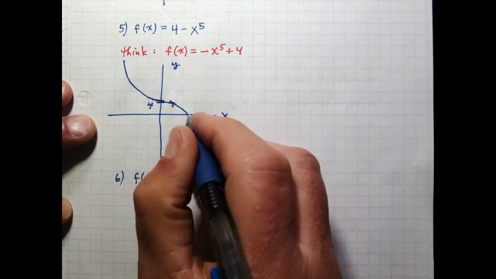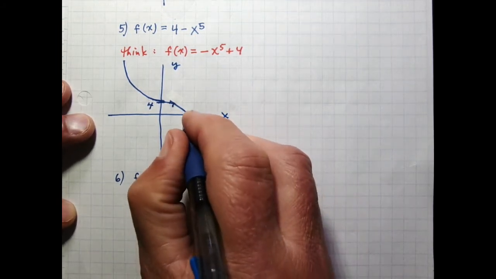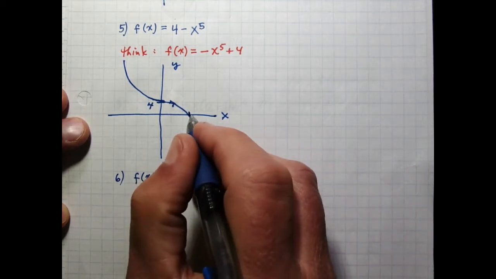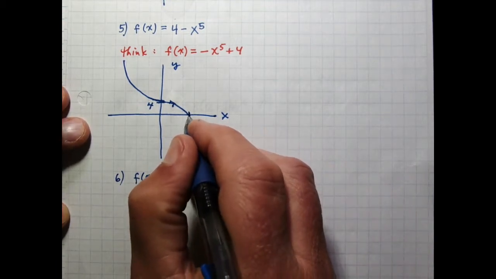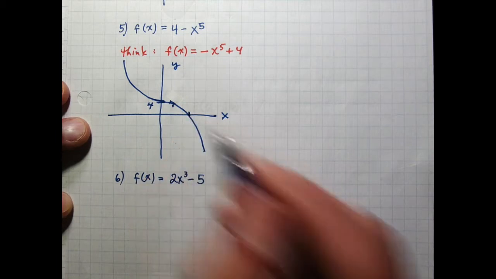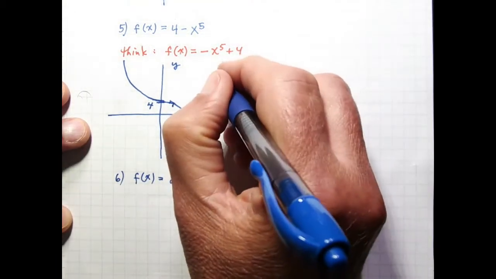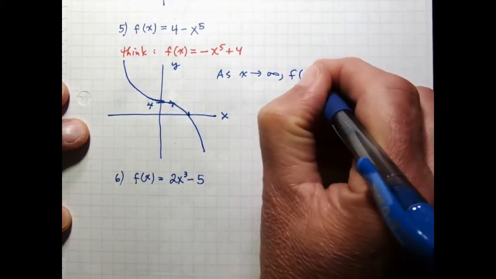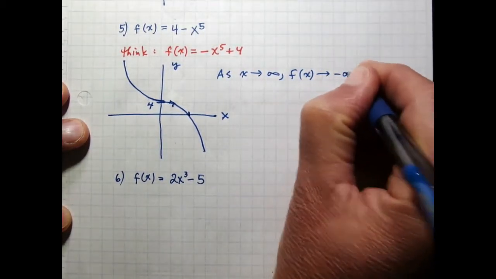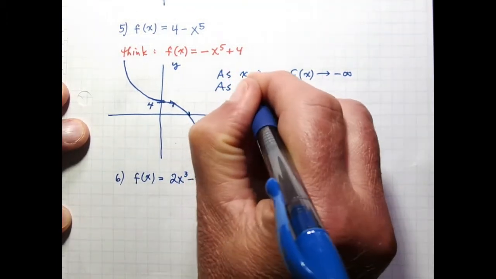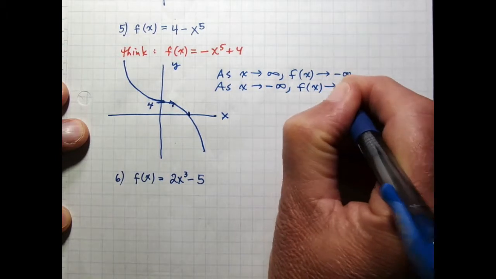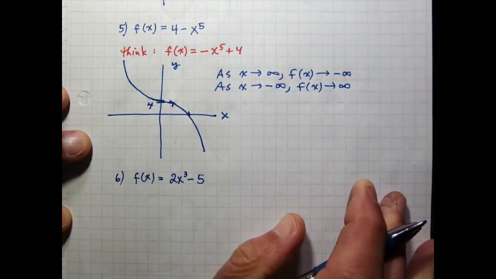You might think about how you could get the x-intercept. First, let's write down the end behavior. As x approaches infinity, f of x approaches minus infinity. As x approaches minus infinity, f of x approaches infinity, right? Same as the previous example.